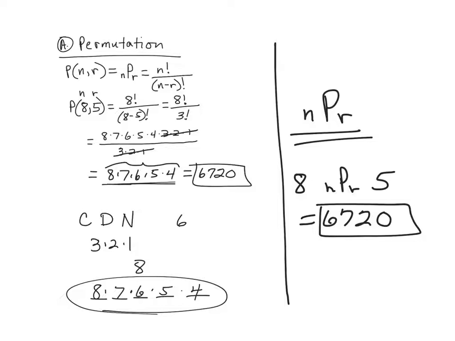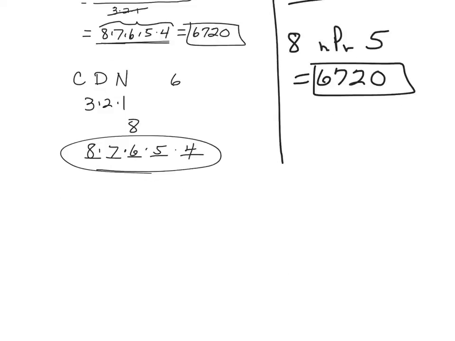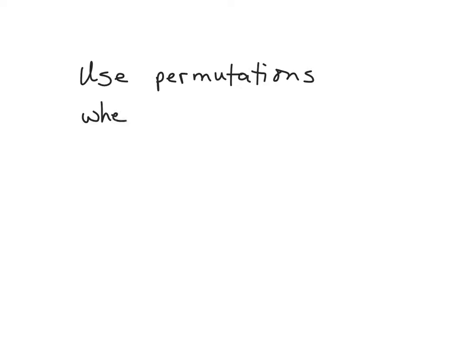So, when are we going to use permutations? How are we going to know to use a permutation? Now, here's the key right here. You're going to use permutations when there are 2 things that are going to happen.